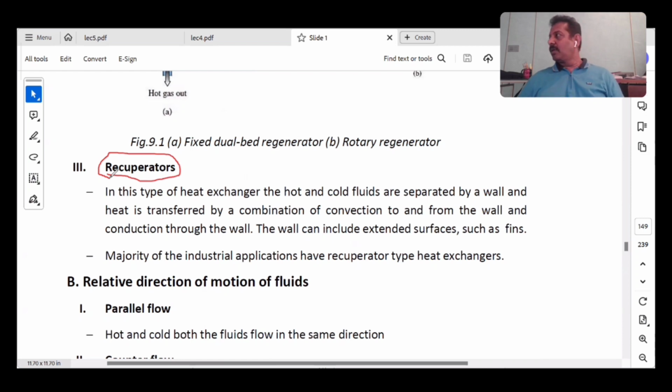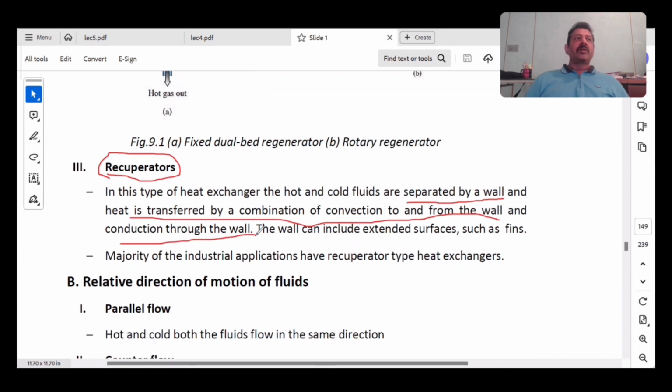The concept is the hot fluid and the cold fluid will be separated by a wall. The heat is transferred by a combination of convection to and from the wall and conduction through the wall.